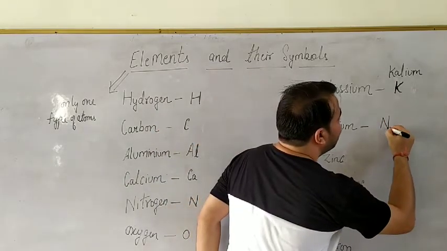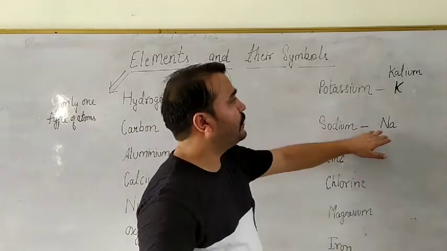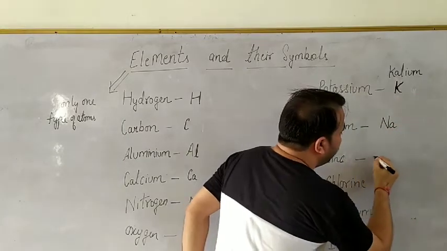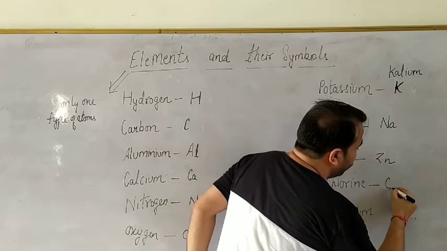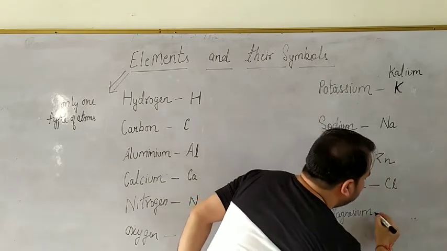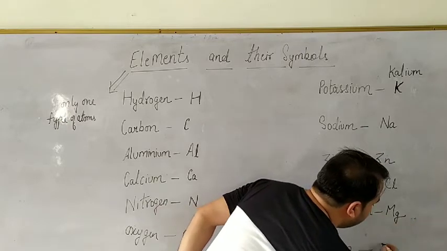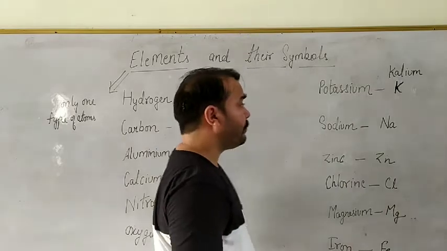The sodium symbol is Na, so N capital, a lowercase. It has come from natrium. Similarly, we'll see other symbols: zinc, Zn; chlorine, Cl; magnesium, Mg; and iron has come from ferrum, Fe.